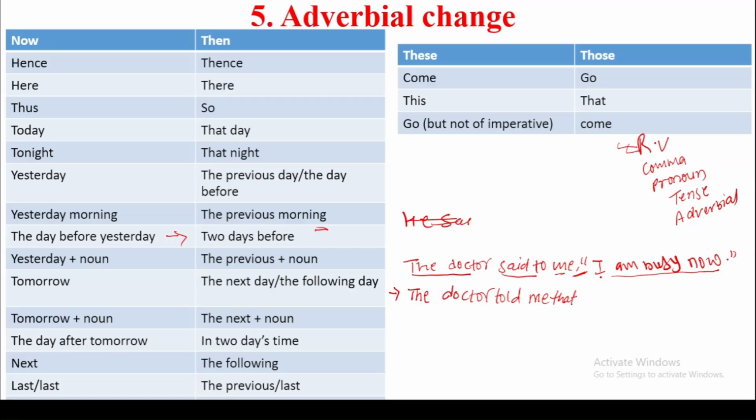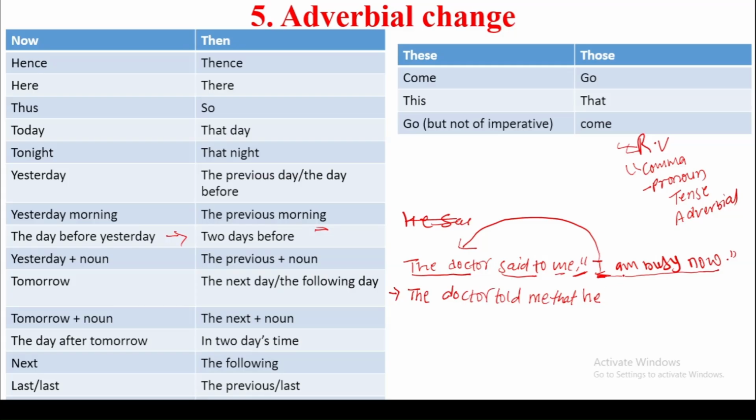Now in the quoted clause we have to change 3 things. Pronoun first. The pronoun I is first person, and the first person is changed according to the subject. The doctor is the subject, so instead of doctor we can write he. If the doctor is a lady, we can write she.